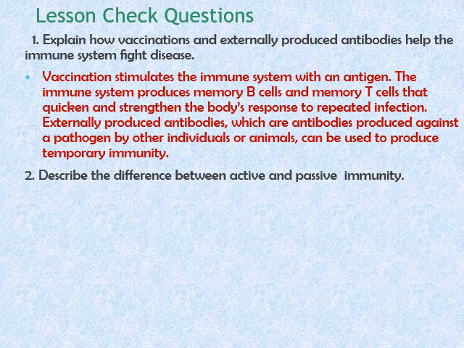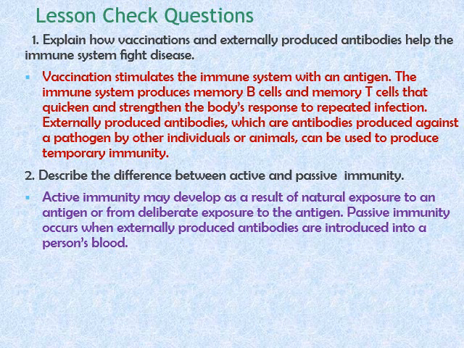Question number 2. Describe the difference between active and passive immunity. Well, active immunity may develop as a result of natural exposure to an antigen or from deliberate exposure to the antigen, while passive immunity occurs when externally produced antibodies are introduced into a person's blood.